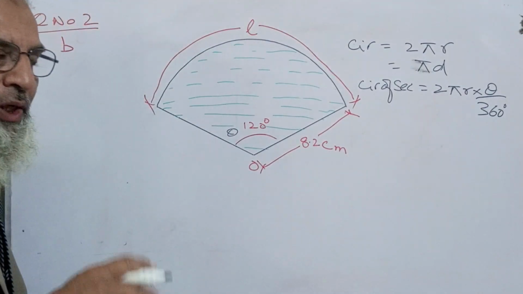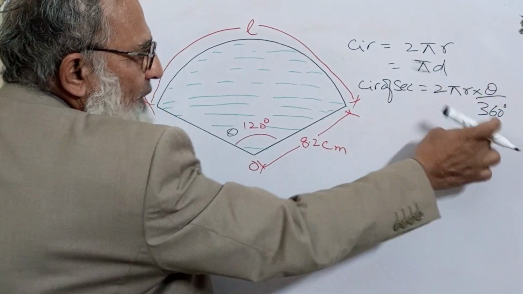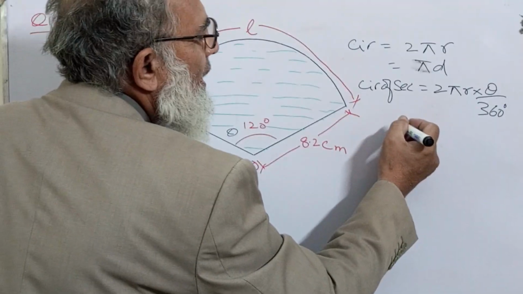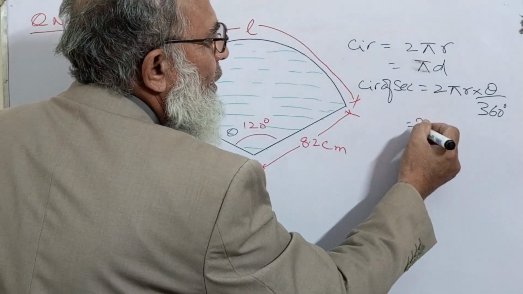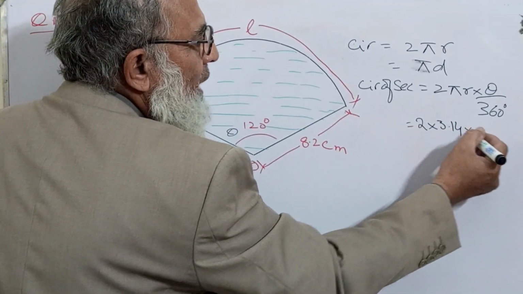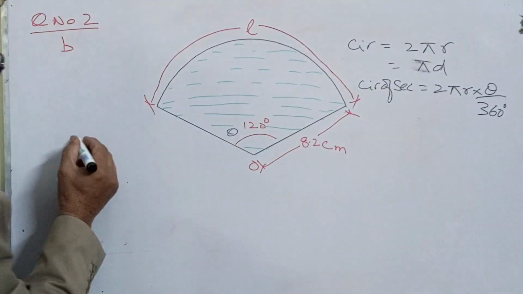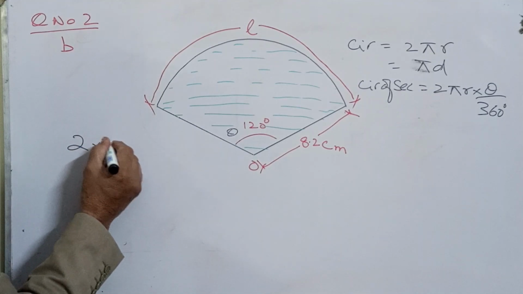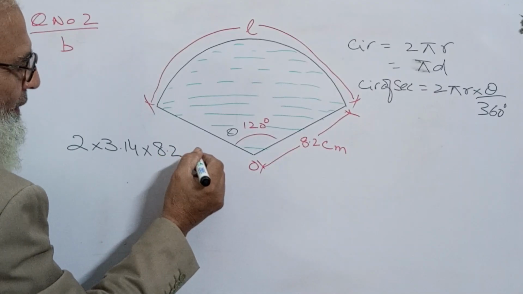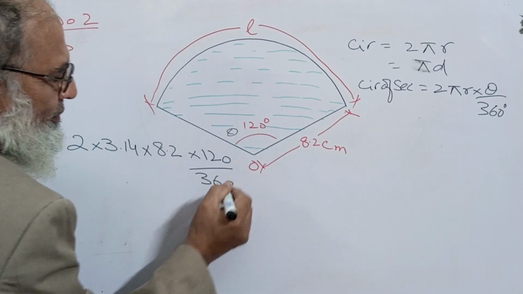So what information we have is 2, pi, r, theta, and 360 degree. Everything is given. Now 2 multiplied by 3.14 multiplied by r, which is 8.2, and theta is 120 divided by 360.